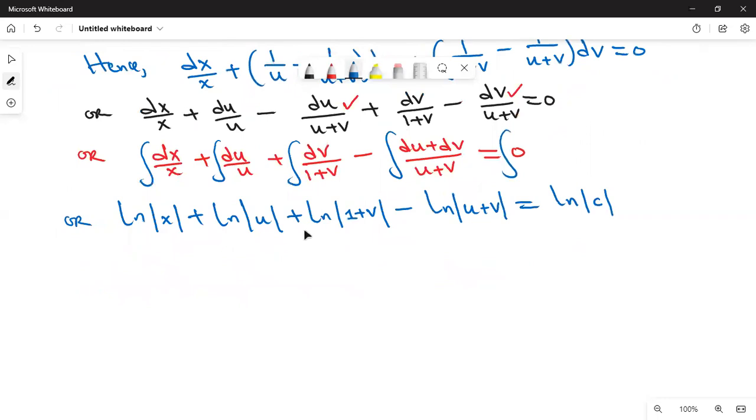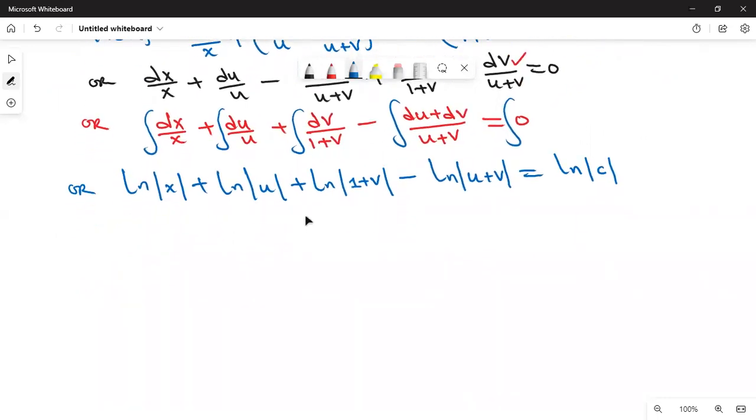Now, get rid of the logs, the natural logs. Use the laws of logarithms. Log a plus log b is equals to log of a times b. That's the first law. Another law, log a minus log b is equals to log of a divided by b. That is the second law. And the third law is m times log a is equals to log of a raised to m.